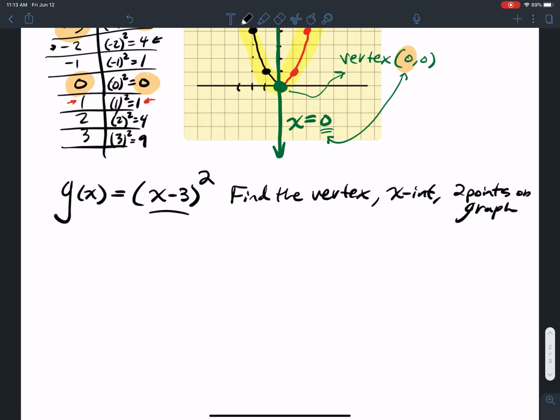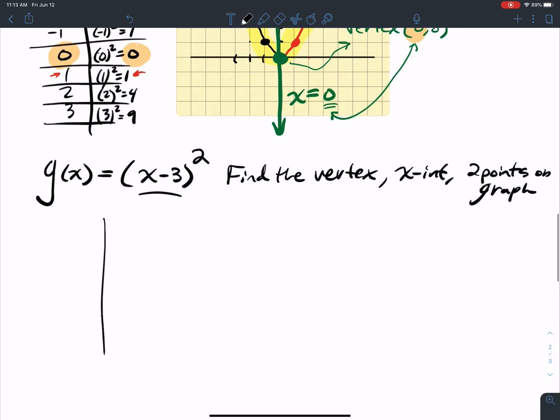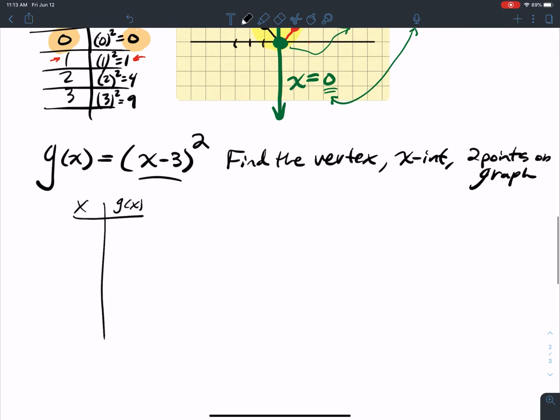Okay, so we can make a table, x and g of x, which is x minus 3 quantity squared. And so if I plug in 0, 1, 2, 3, 4, see what happens. If I plug in 0, I get 0 minus 3 squared, which is 9. 1 minus 3 is negative 2.